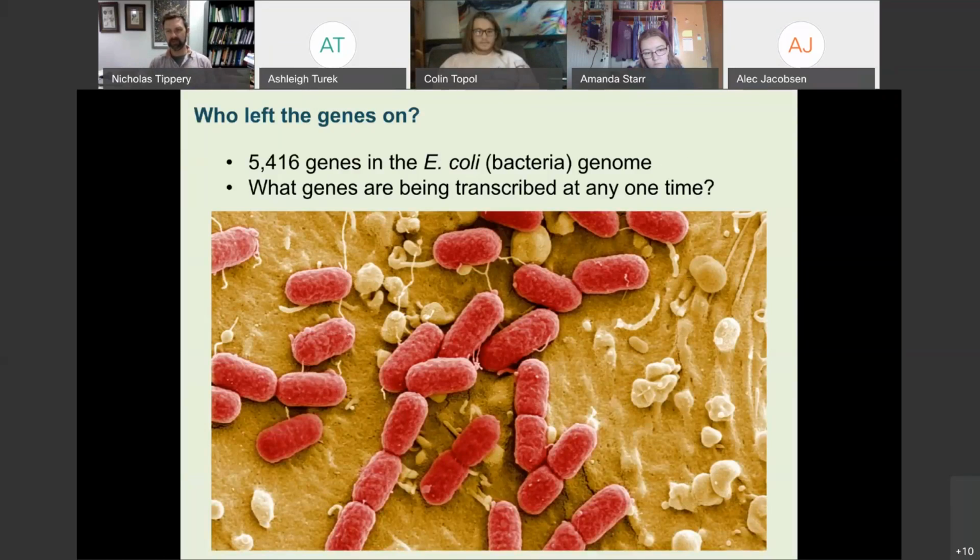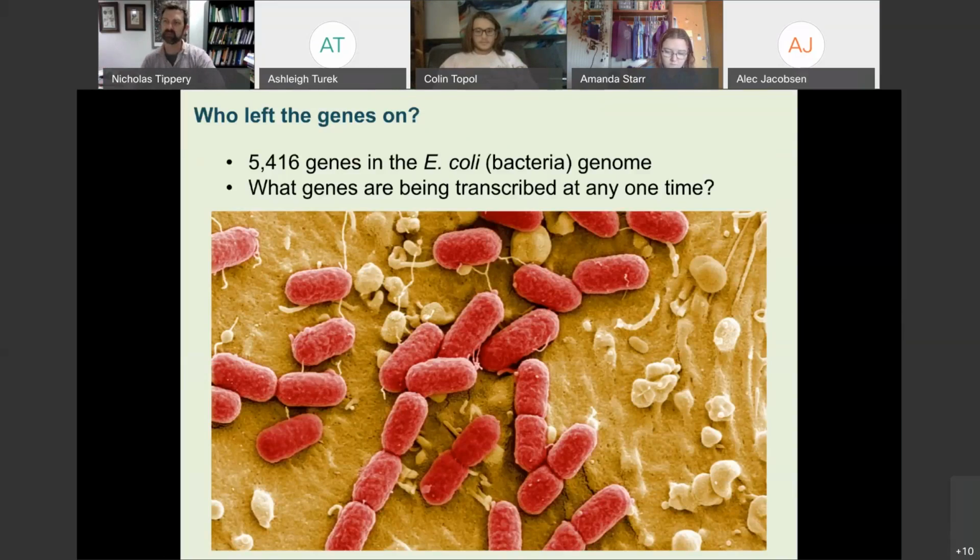And a library is full of books, but people aren't reading all those books all the time, right? It's information there. If you needed to access it, it's there, but it's not always being accessed. And the same goes for your genome: some instructions might not be turned into proteins all the time, or even very rarely turned into proteins, even though you've got instructions for how to make those proteins.